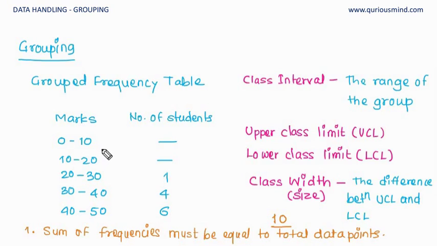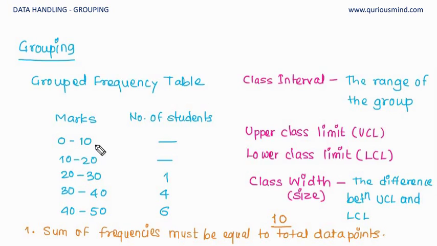And the second thing we need to understand is, there might be some observations which will be on the edge. So if you see, this class interval is from 0 to 10, while this is from 10 to 20. So if someone gets marks 10, then those marks are on the edge of these two class intervals. And hence the question is, where should I put them?